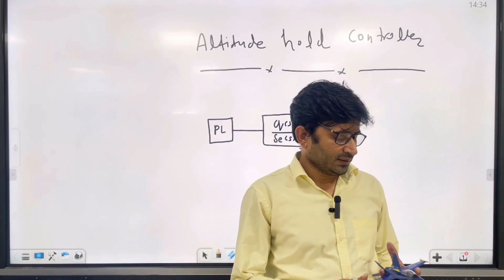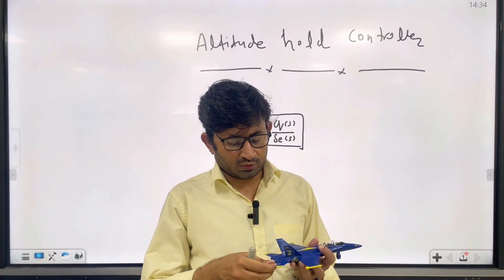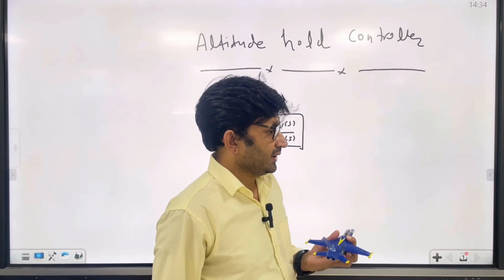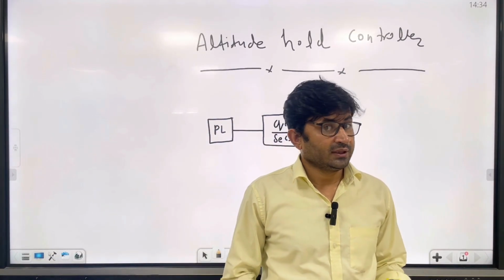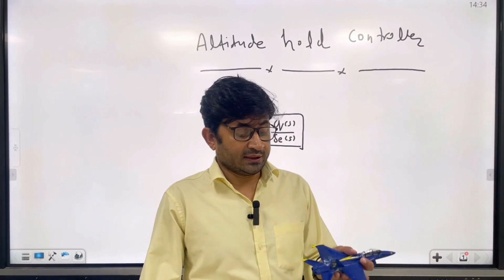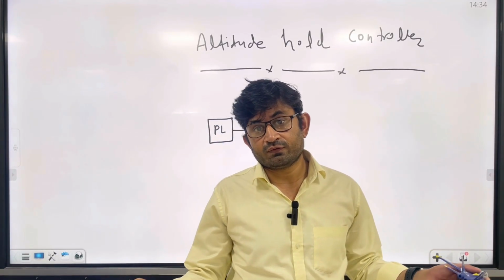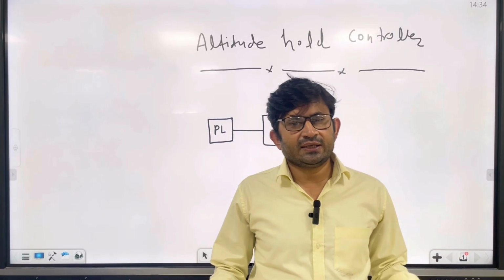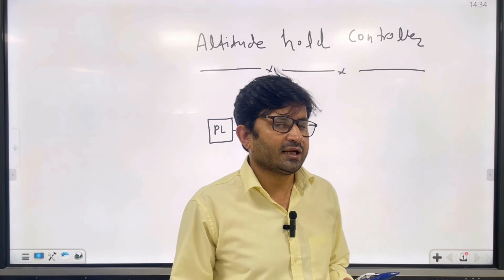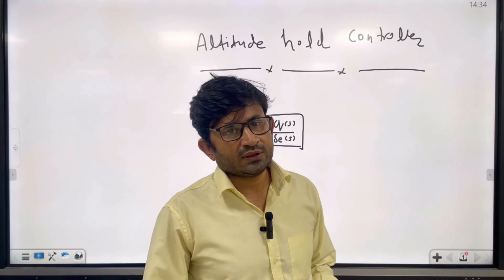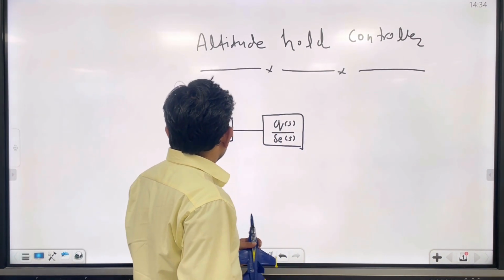Okay, that means how fast your actuator is going to deflect upward and downward. Let's say 40 degree per second, that limit you have to put, and then minus 10 degree to plus 10 degree, that you have to put as a position limit, and then finally actuator dynamics, that you can consider as a first order or second order. If you don't know, then it is better to consider the first order dynamics.